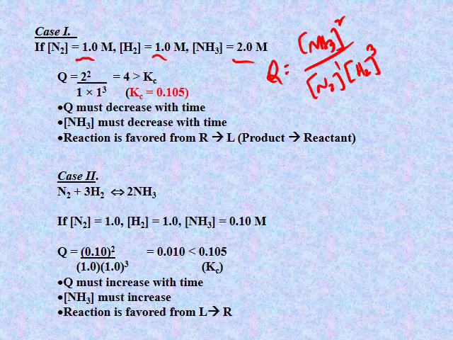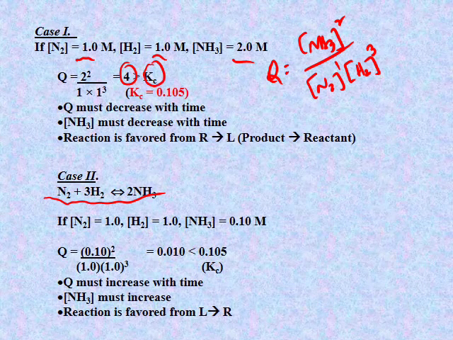That comes from the balanced reaction that you see here. Now, with all these numbers 1, 1, and 2, you're going to get 4. And that 4 is greater than the equilibrium constant, which is 0.105.